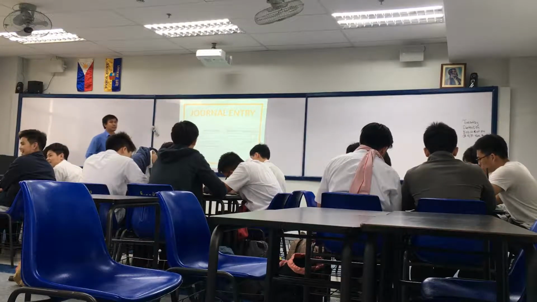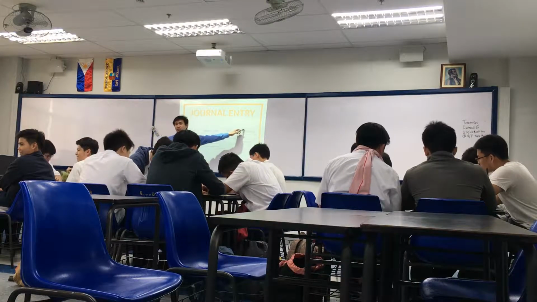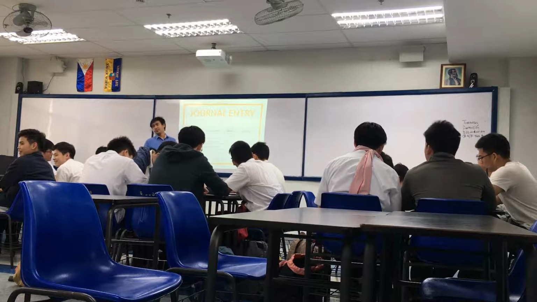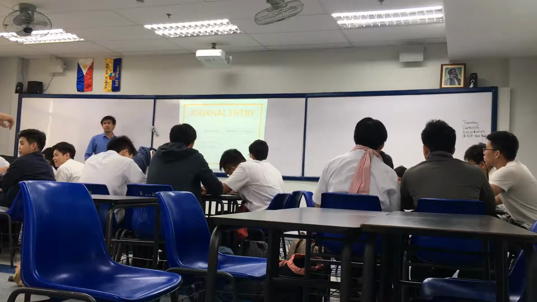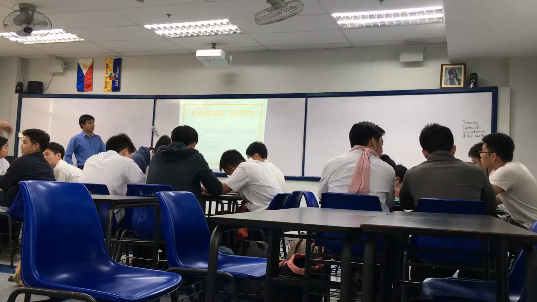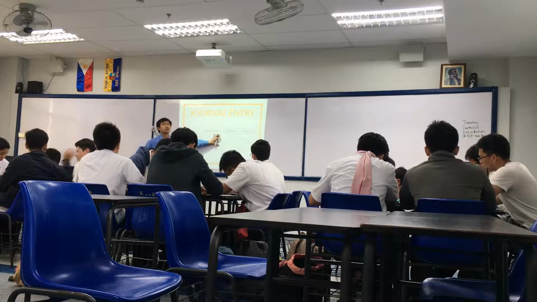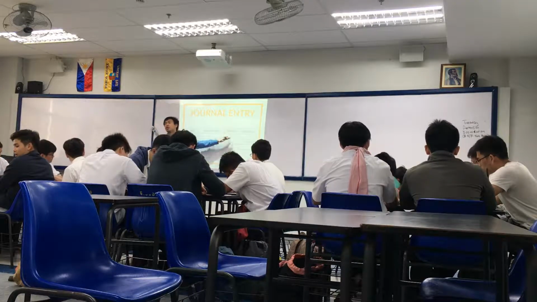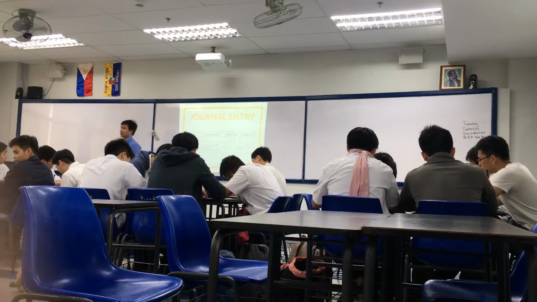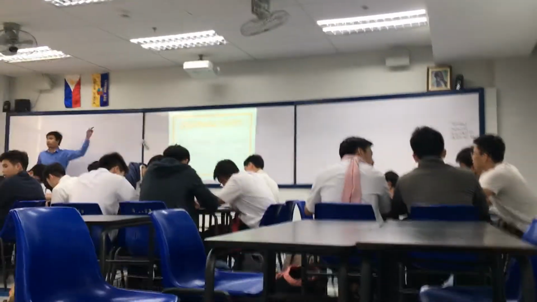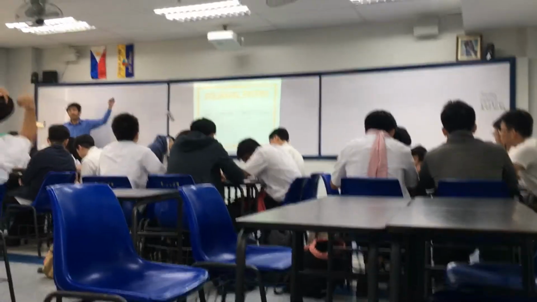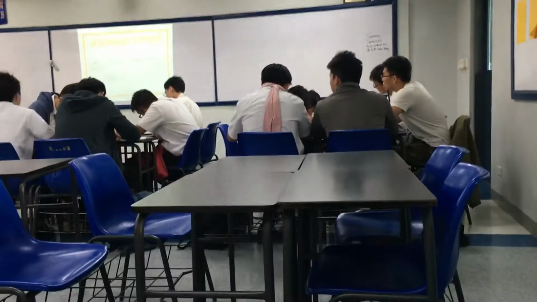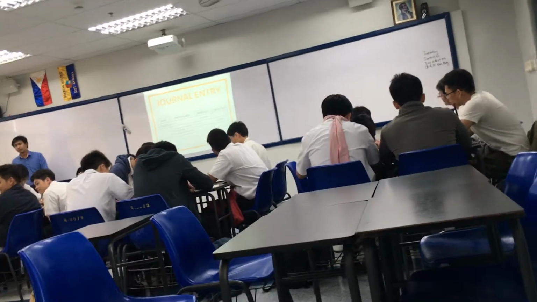DR stands for debit. CR stands for credit. This is just an example of how it's done. But we'll discuss how you input the particulars. So take note of the format. We will be using this up until the end of the semester.